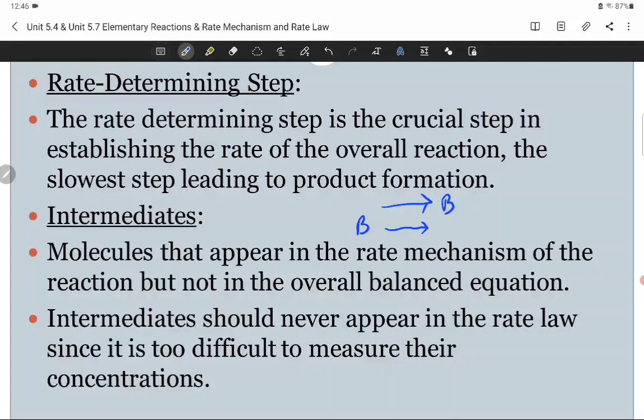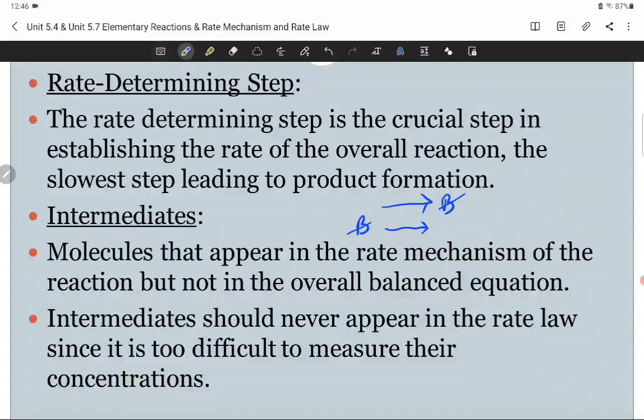That would be an intermediate. So it gets canceled out if you try to add everything up and make an overall balanced chemical equation. And not only that, you never see it in the chemical reaction. If you were observing this reaction occurring with all its steps, you would never see an intermediate.